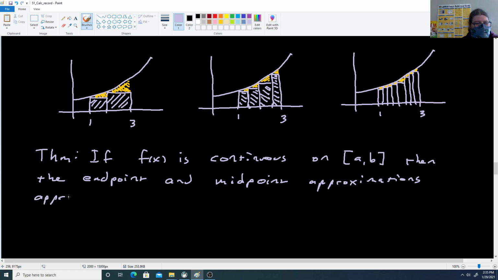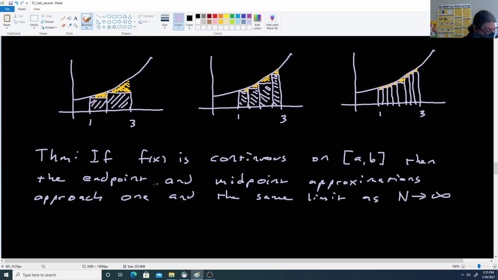Remember, n is the number of bars you break up into. So this one n was 2, this one n was 4, and that one n was 8. These approach one and the same limit as the number of bars you use approaches infinity.